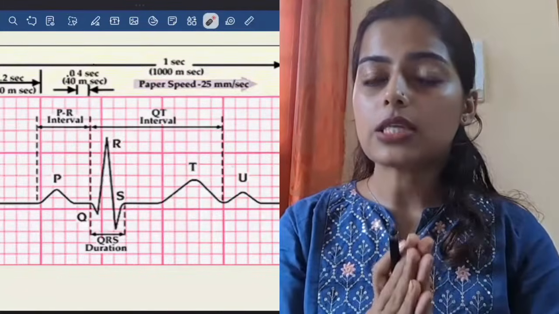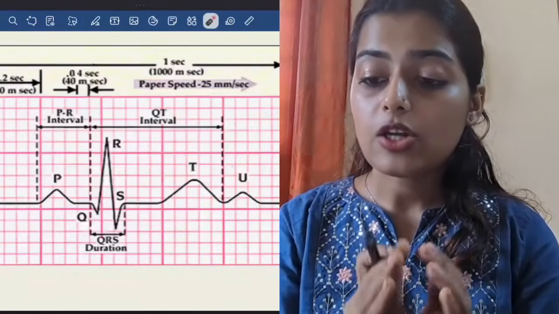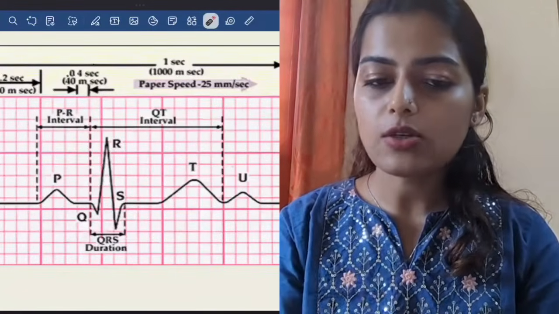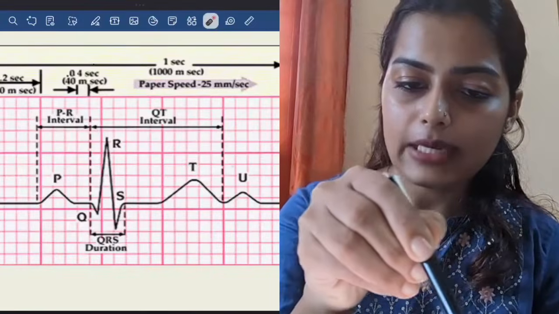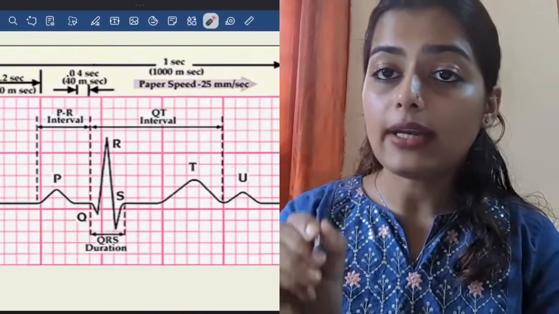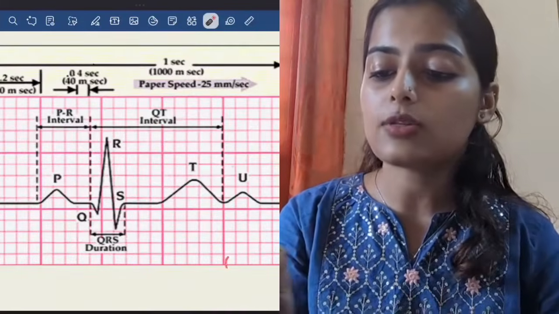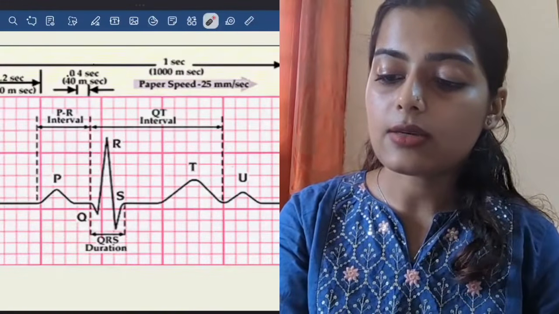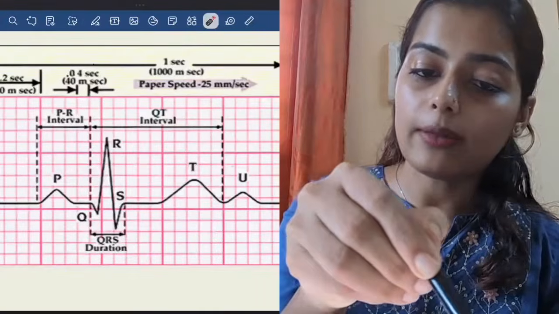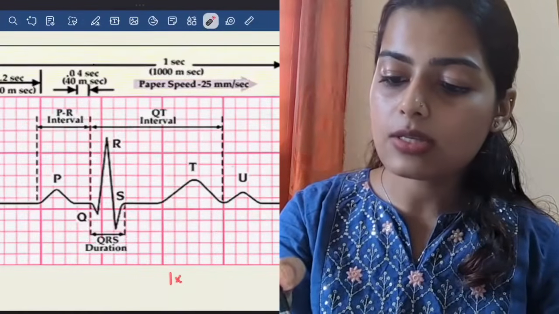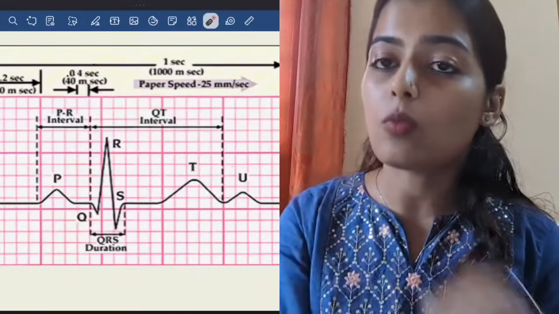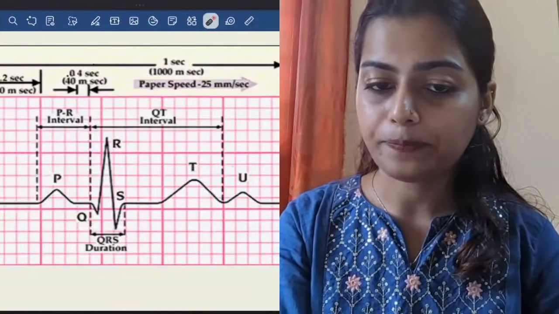Each large box is divided into 25 smaller boxes. And the smallest box that you are seeing in this ECG is of the dimension of 1 into 1 millimeter.